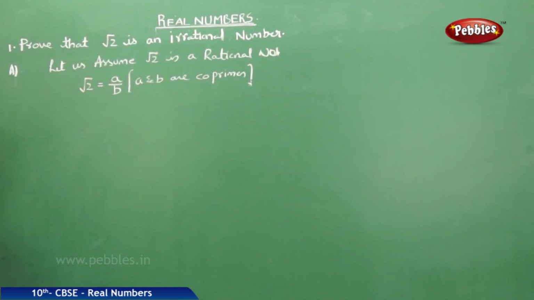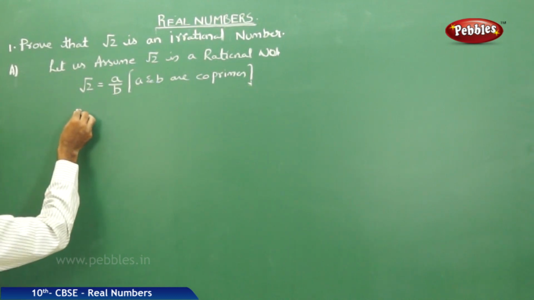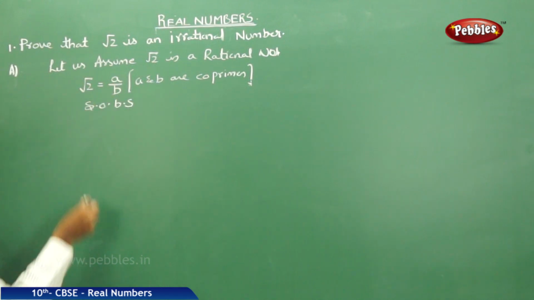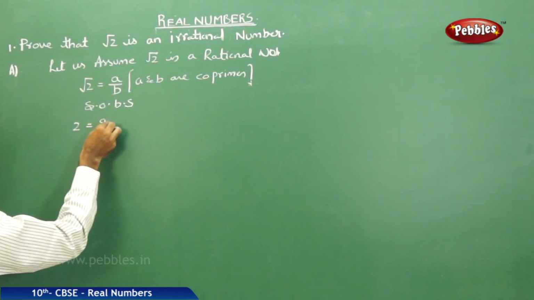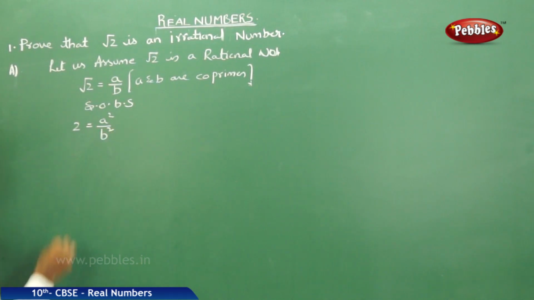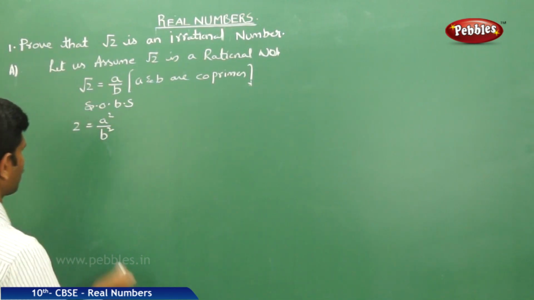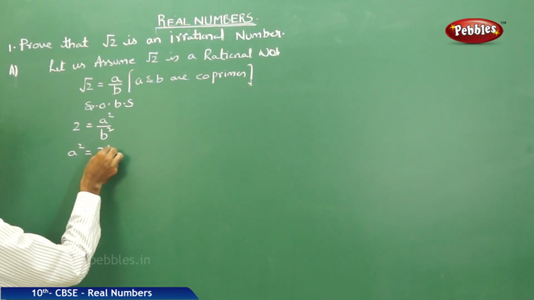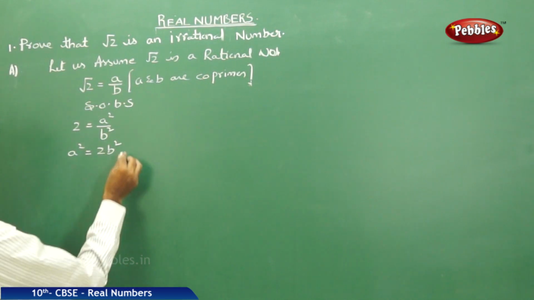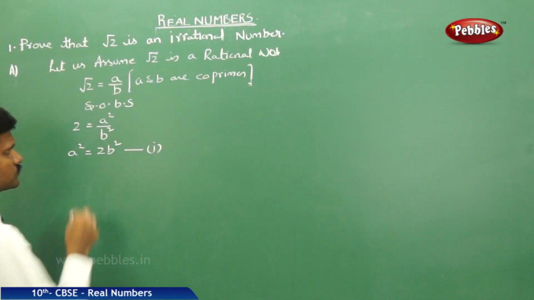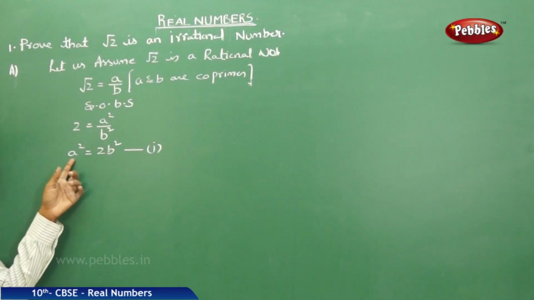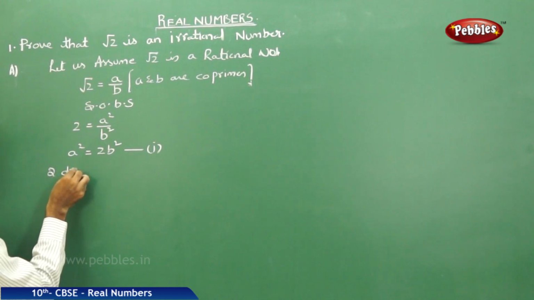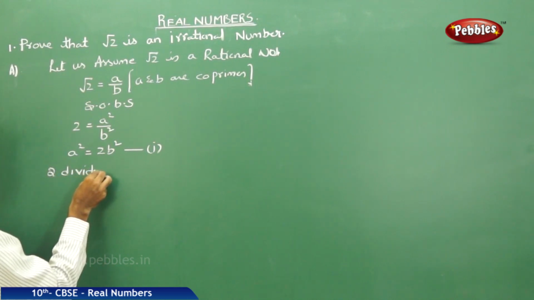Now suppose root 2 is equal to a by b, squaring on both sides. Squaring on both sides means 2 is equal to a square by b square. Now cross multiply. A square is equal to 2b square, which is equation 1. Which means 2 divides a square.